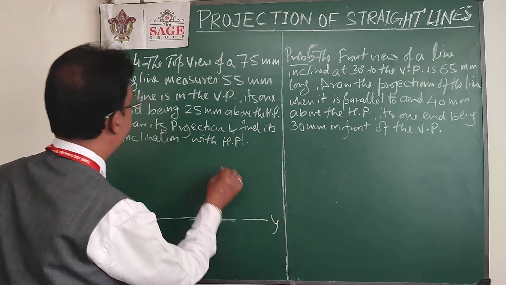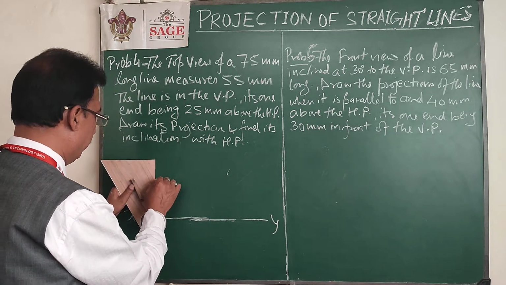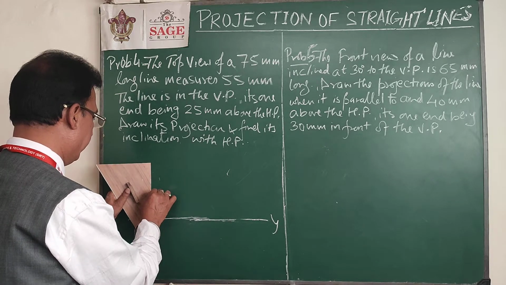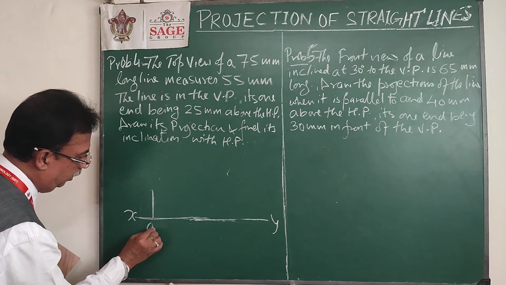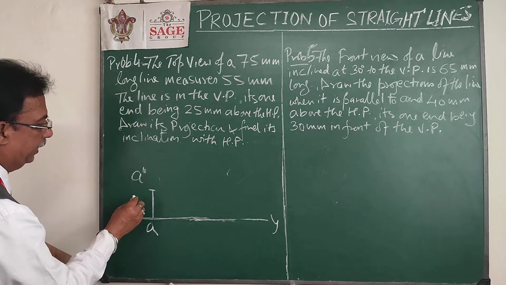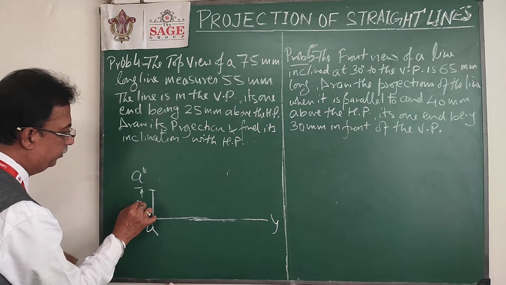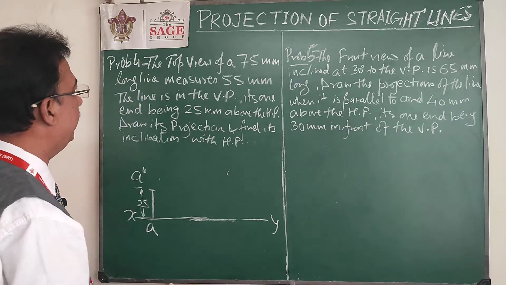After XY, I will plot the first point in the VP. In the VP means the top view will be on the reference line. So this is point small a, and this is point small a dash, and this distance will be 25. This way I have plotted the first point.